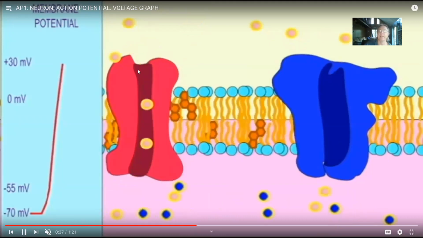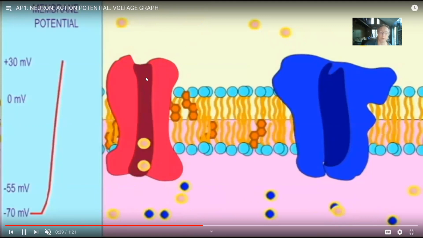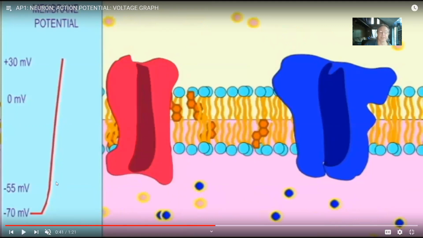At that point, the sodium gates will close. So at minus 55 millivolts, the sodium gates open and the action potential begins. Sodium comes rushing in, the cell depolarizes, and at plus 30 millivolts, the sodium gates close.